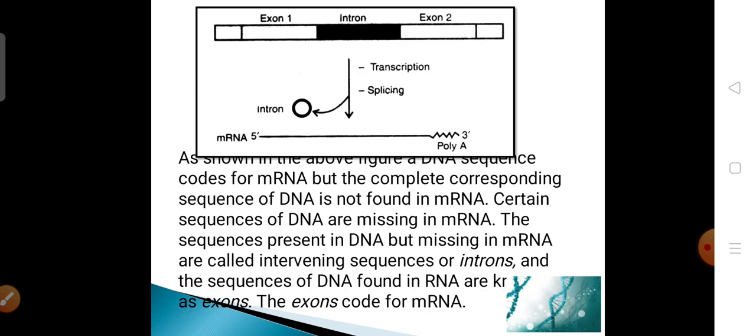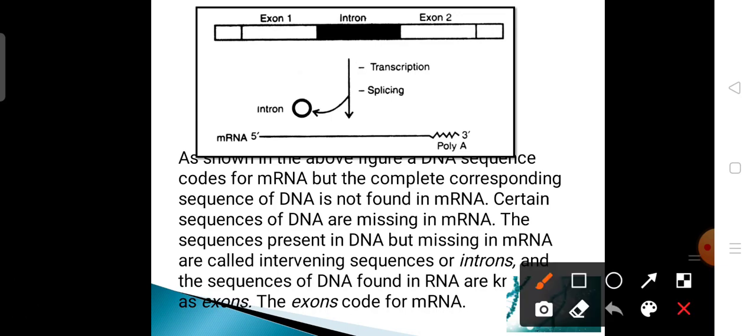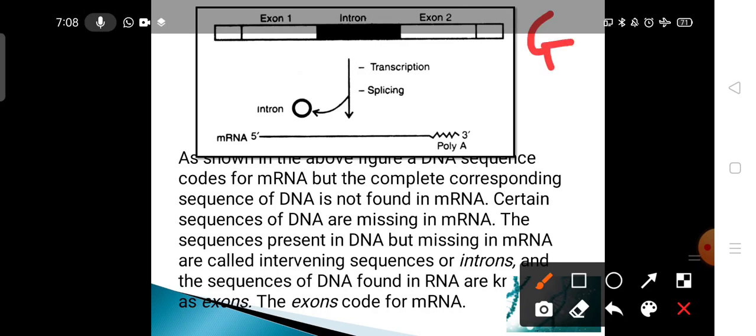So as shown in the above diagram, you can see that the DNA sequence codes for mRNA, but the complete corresponding sequence of DNA, that is the gene, is not found in mRNA. Suppose I name this gene as gene 1.